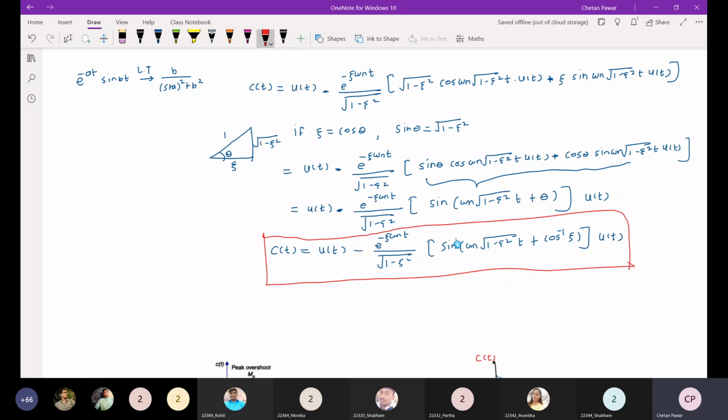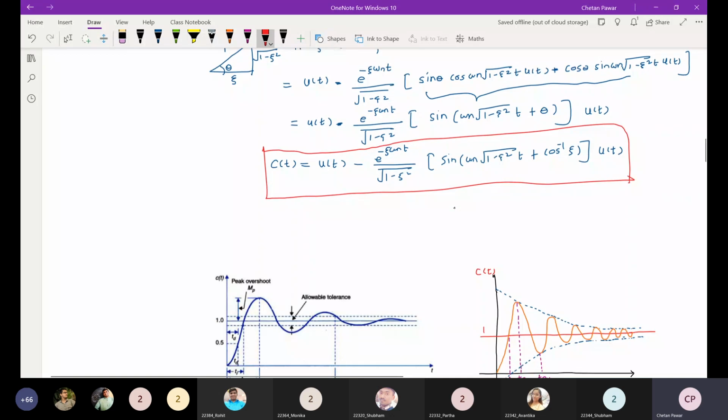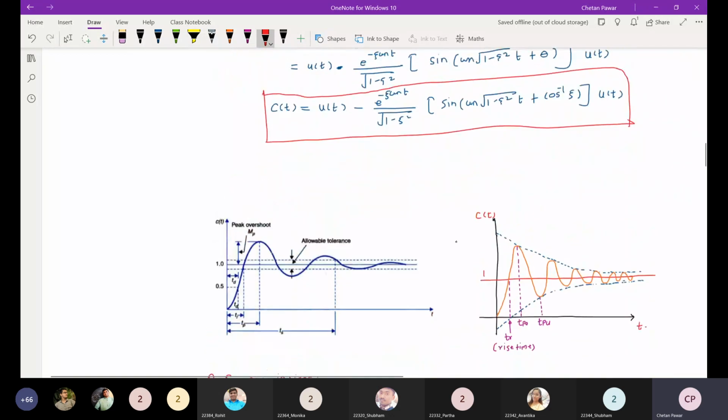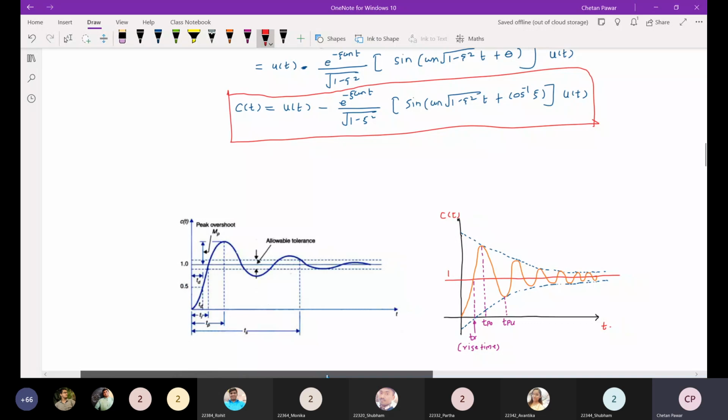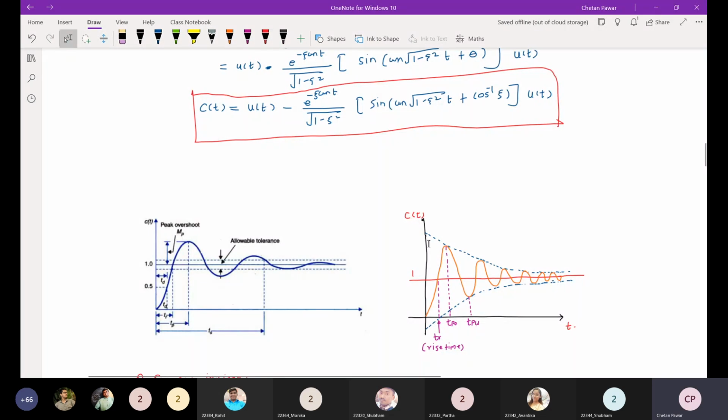So if you draw this particular output response, it will be like this. Okay, that response will be like this. There are different parameters which describe that particular response, different performance indices.